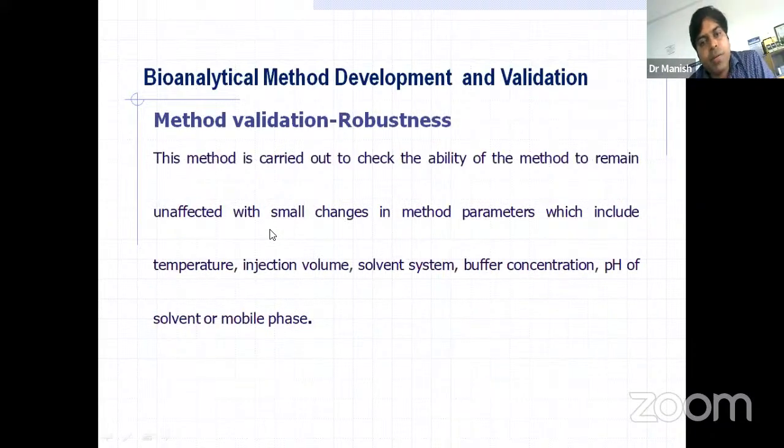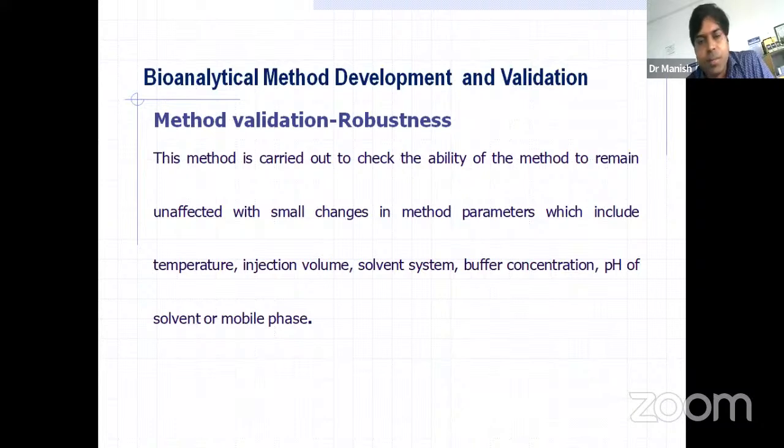Now we are going to deal with robustness. This method is carried out to check the ability of the method to remain unaffected by small changes in the method parameters, which include temperature, that is column temperature, injection volume, where normal HPLC injection will be from 10 microliters to 25 microliters, any increase or decrease in injection volume, and the solvent system, that is mobile phase composition, any alteration in mobile phase composition, alteration in buffer concentration, any alteration in the pH, the addition of acid or base to the mobile phase.